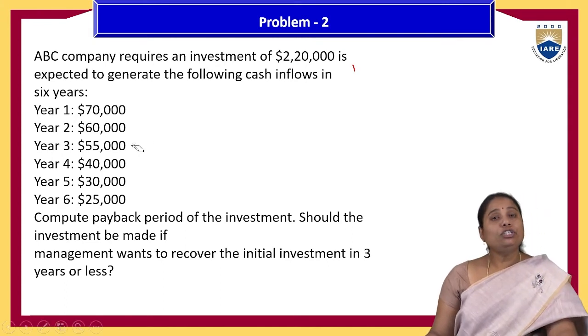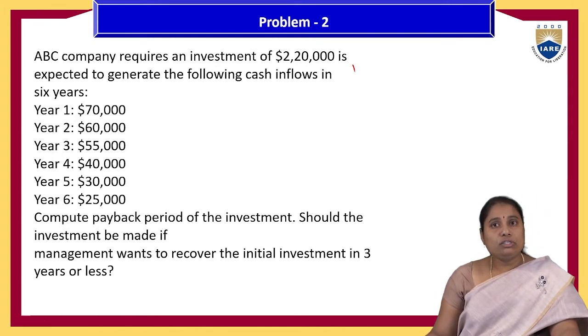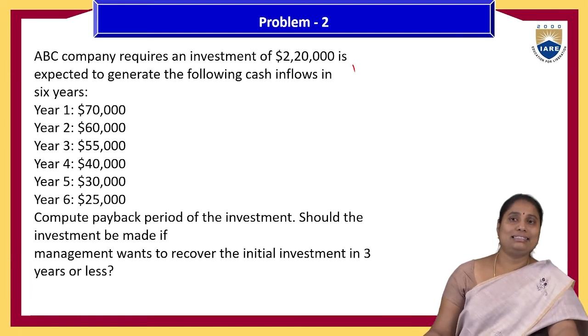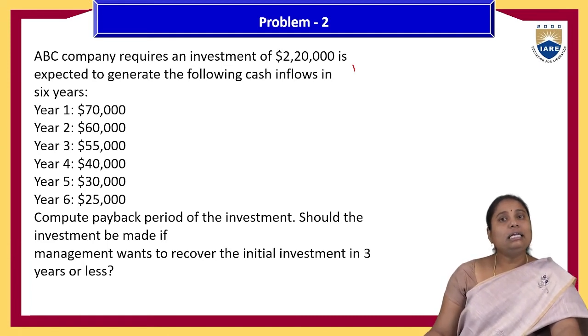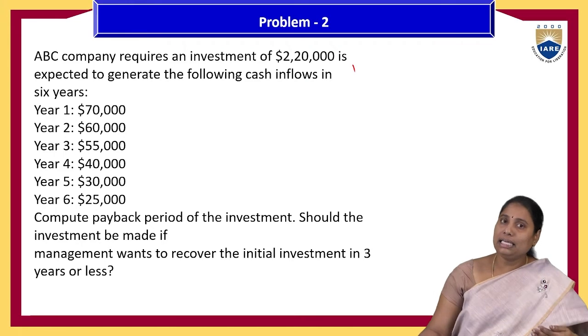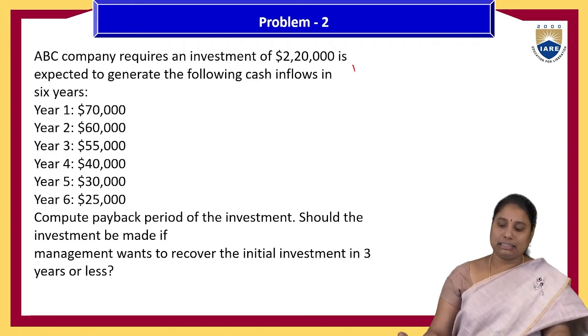Now, we need to compute the payback period of this investment. Management wants to recover the initial investment in 3 years or less, so the desired payback period is 3 years. If it is more than 3, reject. If it is 3 or less, we can accept.